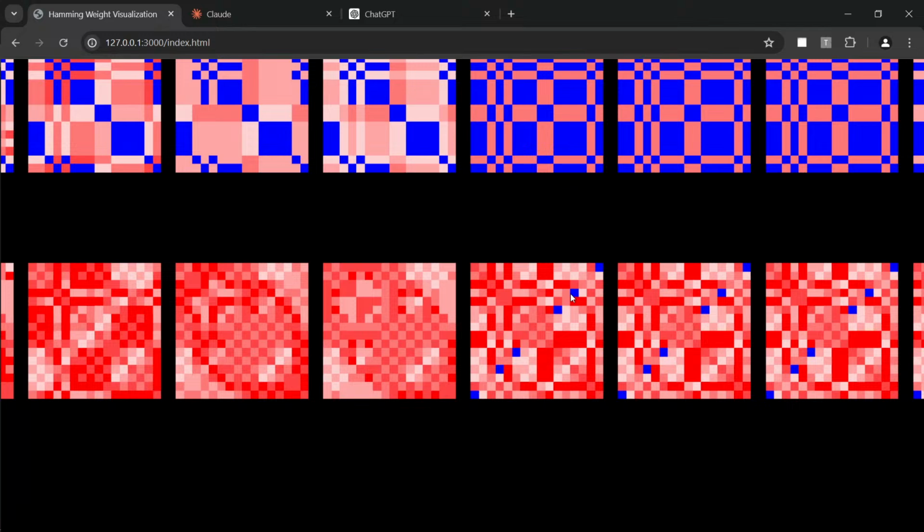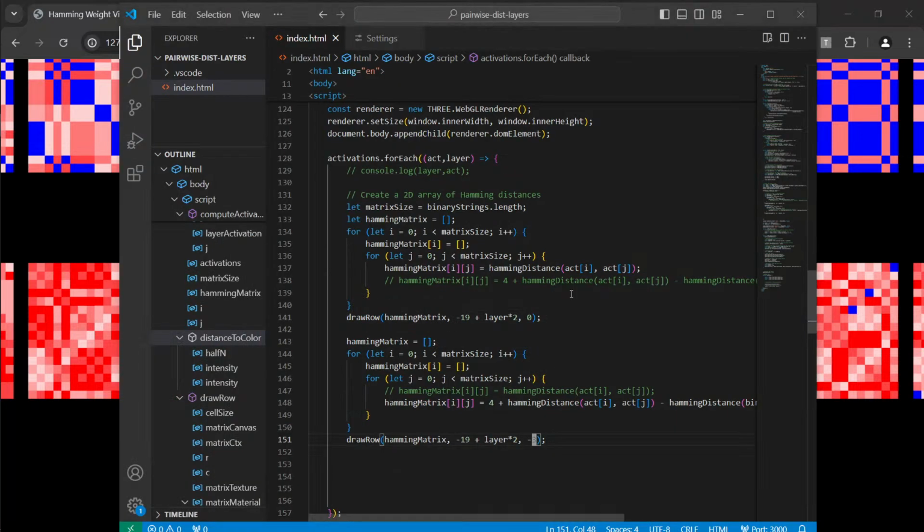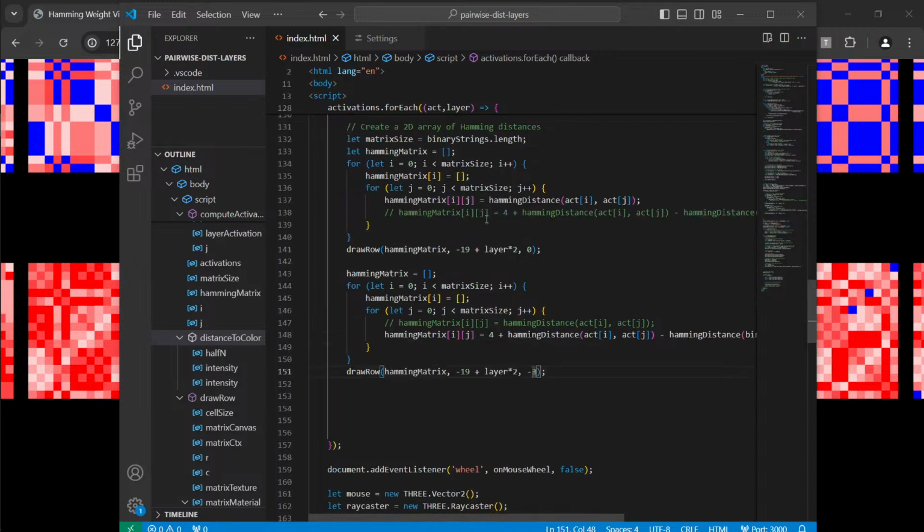Okay, let's look at the old color map. The thing is, the different rows have different color maps. That's why it's highly annoying. Oh yeah, why do I have a 4 here? There shouldn't be a 4 there.